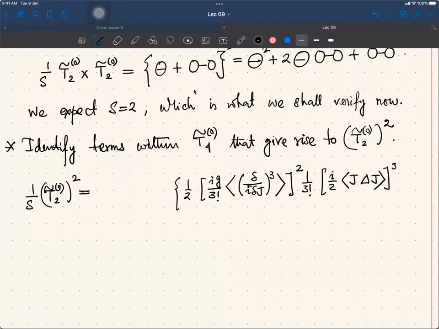So this is T tilde 0,2. We have studied it, we have considered that before.